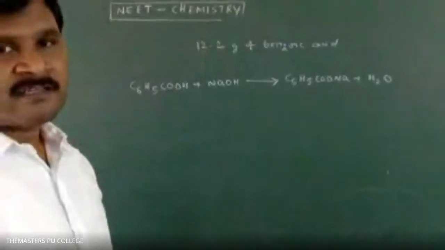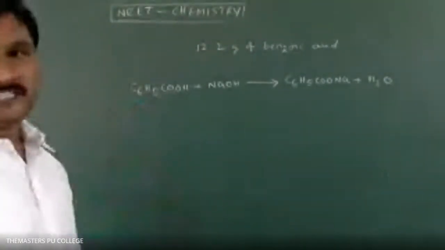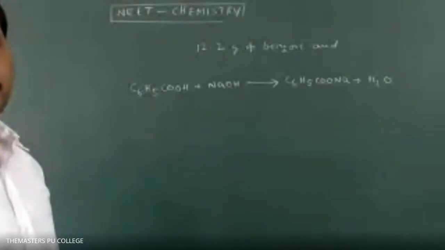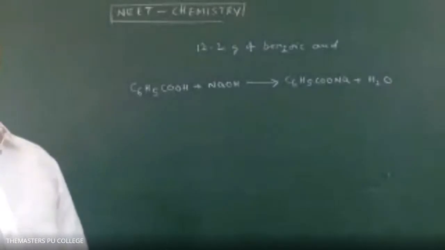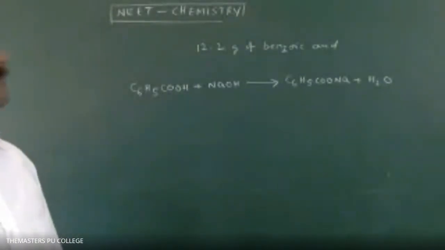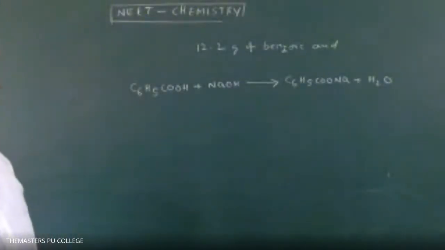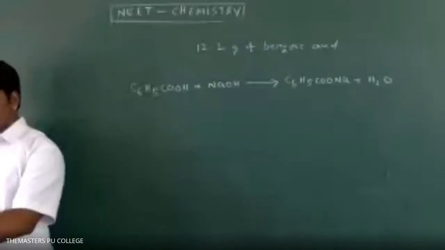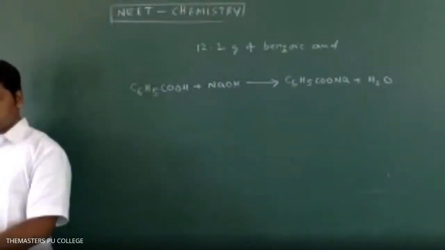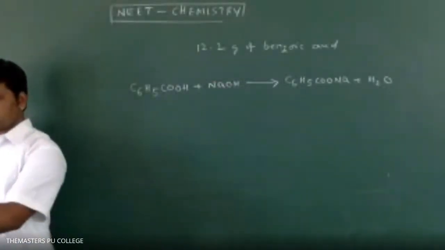So the chemical equation: C6H5COOH plus NaOH gives C6H5COONa plus H2O. Sir, 4 grams. That's correct.